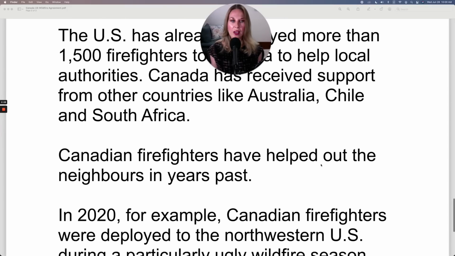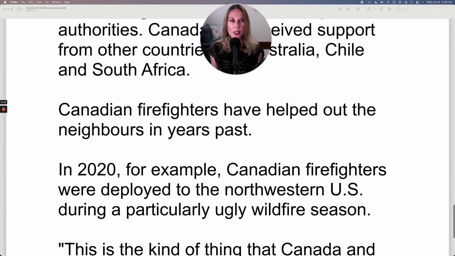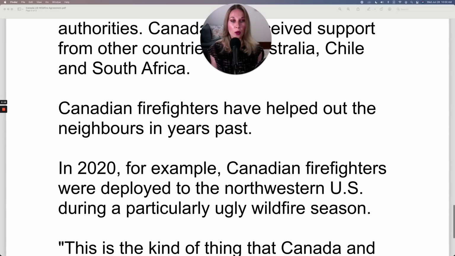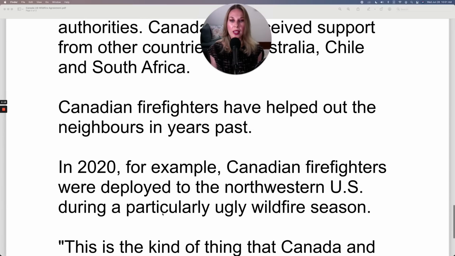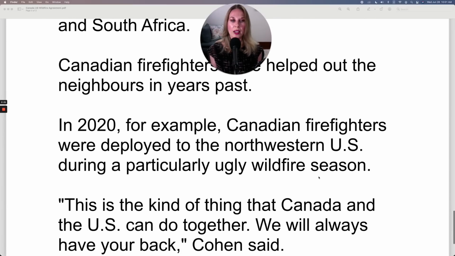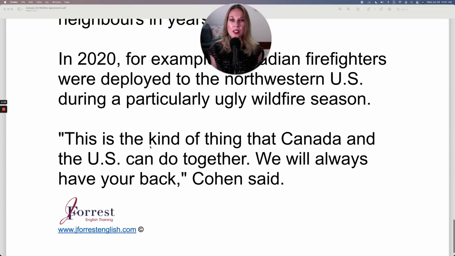Canadian firefighters have helped out the neighbors in past years. In 2020, for example, Canadian firefighters were deployed to the northwestern US during a particularly ugly wildfire season. This is the kind of thing that Canada and the US can do together. We will always have your back, Cohen said.